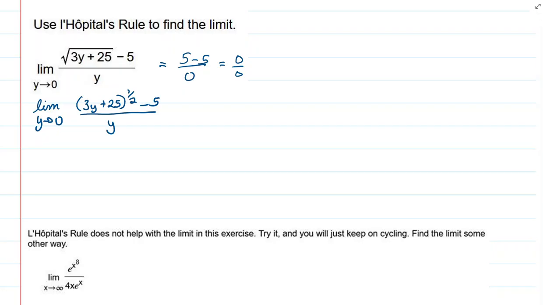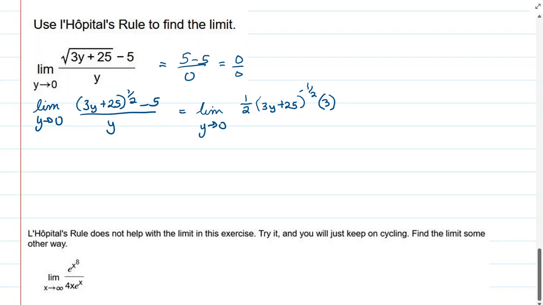They've been very messy. So now we're going to take the derivative, and that will give me a 1/2, and then the argument 3y plus 25 to the negative 1/2, and then the chain rule would give me an additional 3. Is that correct? Okay, good.